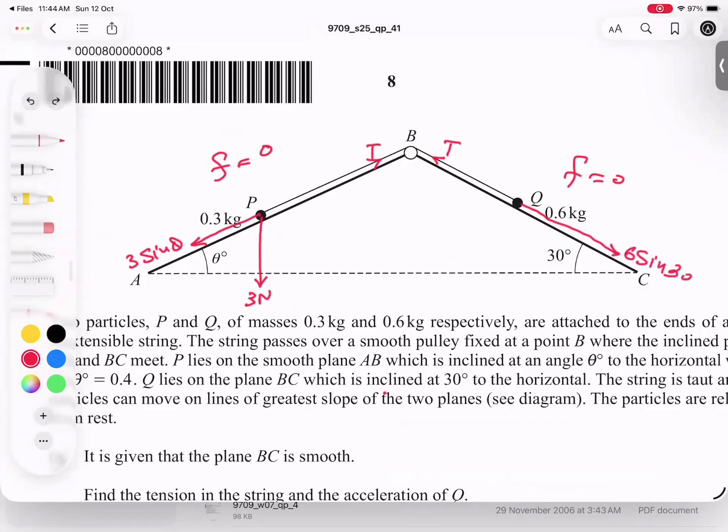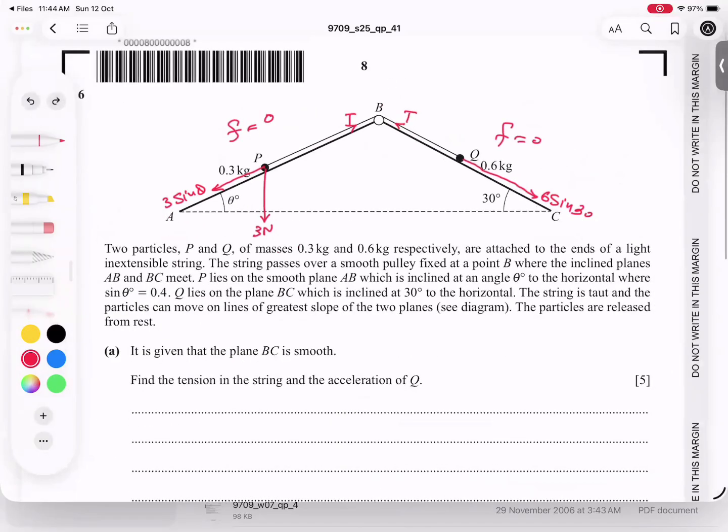Now we can see, we will make two equations. From here we can see this is the bigger mass, so this will fall downwards.